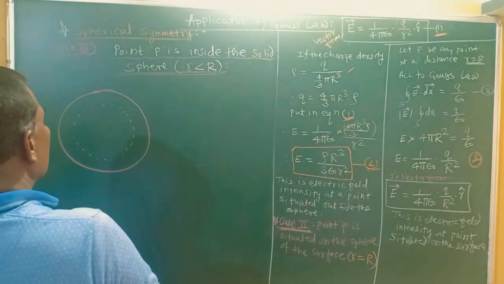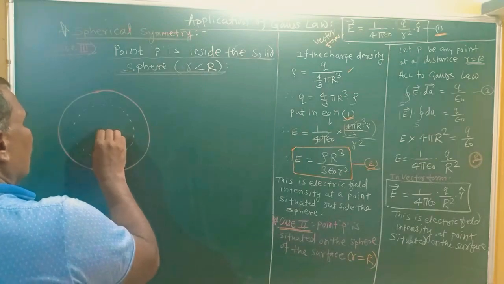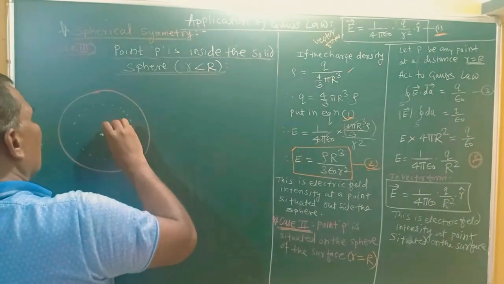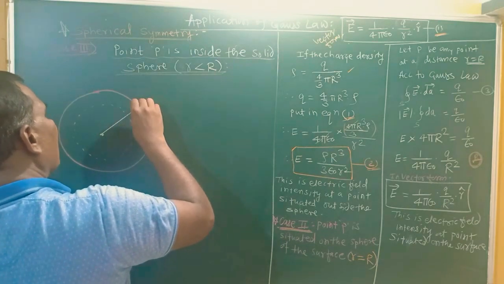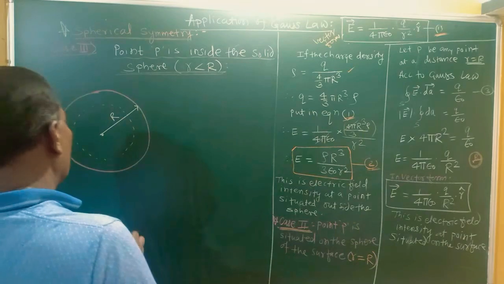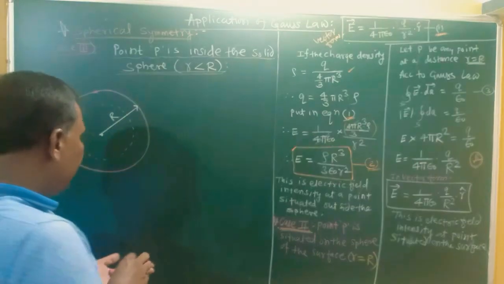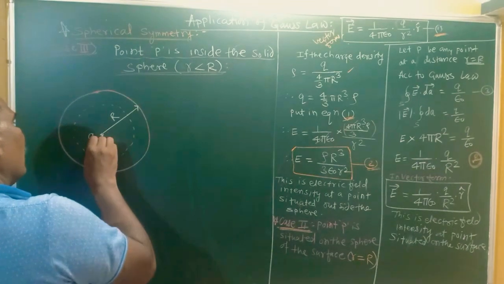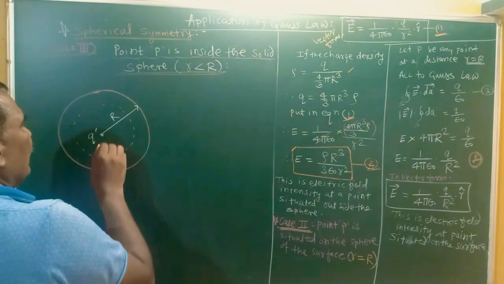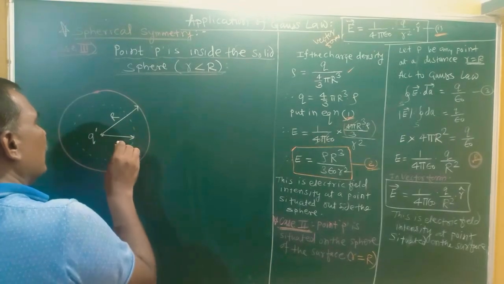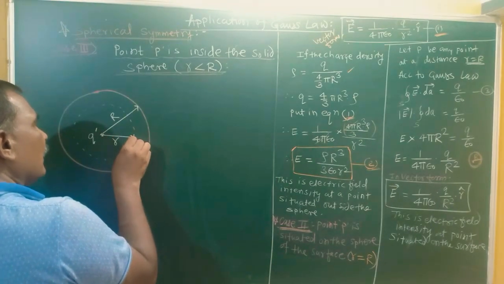The radius of the sphere is capital R, and the charge at point P is considered Q dash, at distance small r.